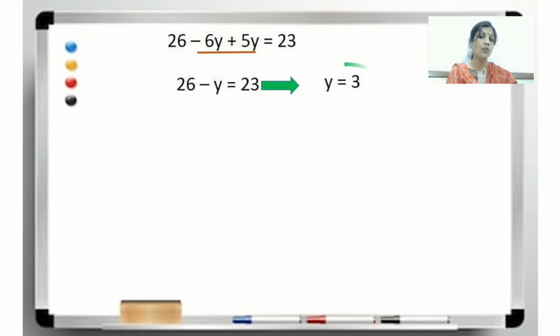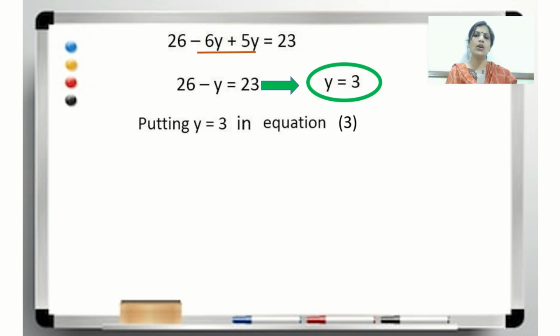So you found the value of y as 3. Now what will be the value of x? This value of y we can substitute in any of the equations and we'll get the value of x. So we'll substitute y is equal to 3 in equation 3, and your equation 3 is 2x plus 3y is equal to 13.